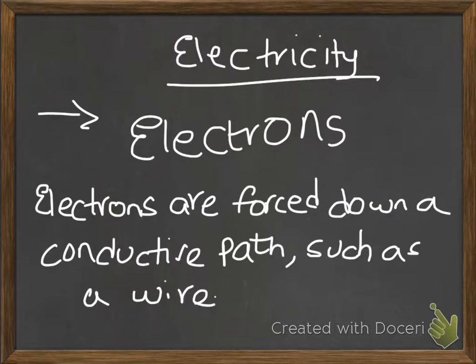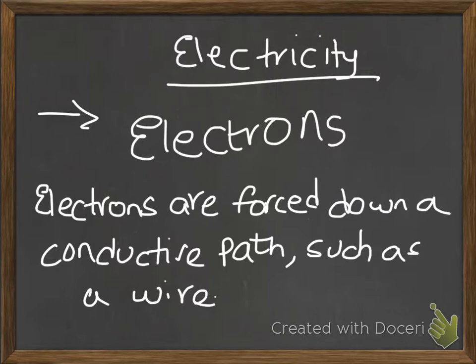Electrical charges are moving, so this is a form of kinetic energy. And the third line means the faster the electric charges are moving, the more electrical energy they carry.